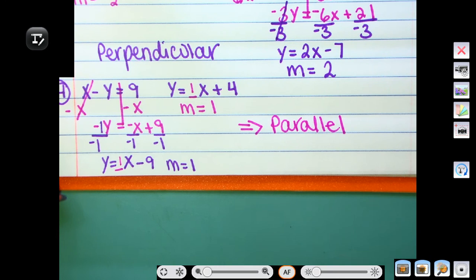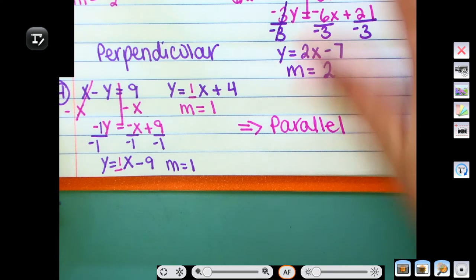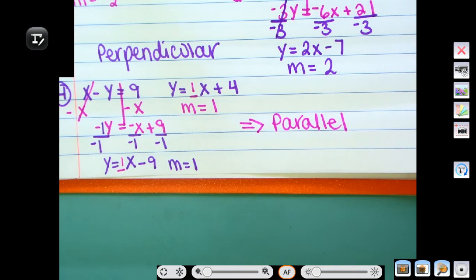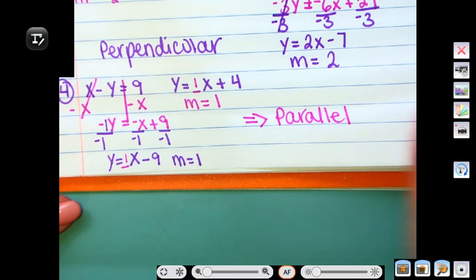I'm going to turn the page and I just want to show you, this is kind of the extent of our examples, but I want to show you some weird cases or just some weird ones that you might see so you're prepared for those. So remember in our previous lesson, I reminded you of what horizontal and vertical lines looked like.